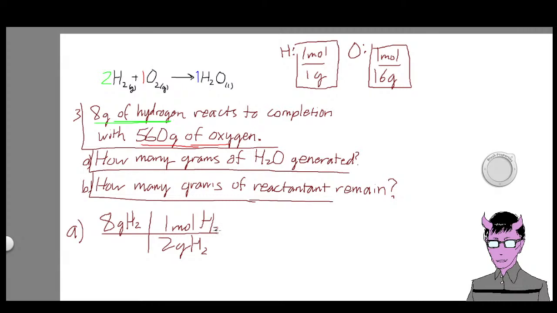How did I know it's diatomic? Unfortunately, you just got to memorize it. When you read a word problem and you see the word hydrogen, when you're dealing with hydrogen in chemistry, pretty much 99% of your cases, it's going to be diatomic. Because in nature, hydrogen by itself is very unstable.